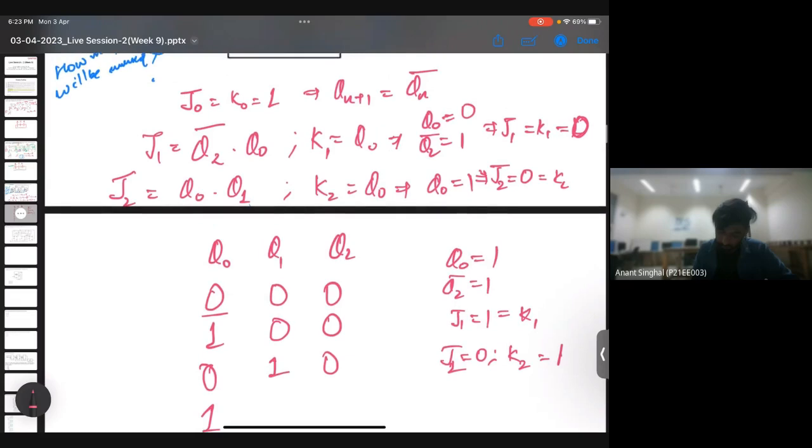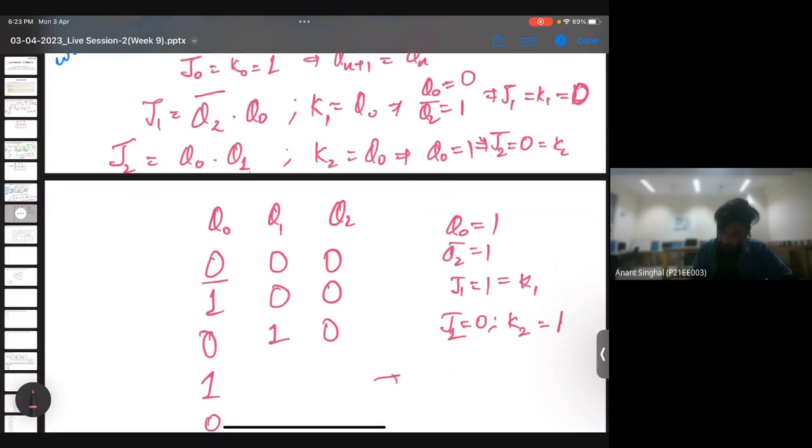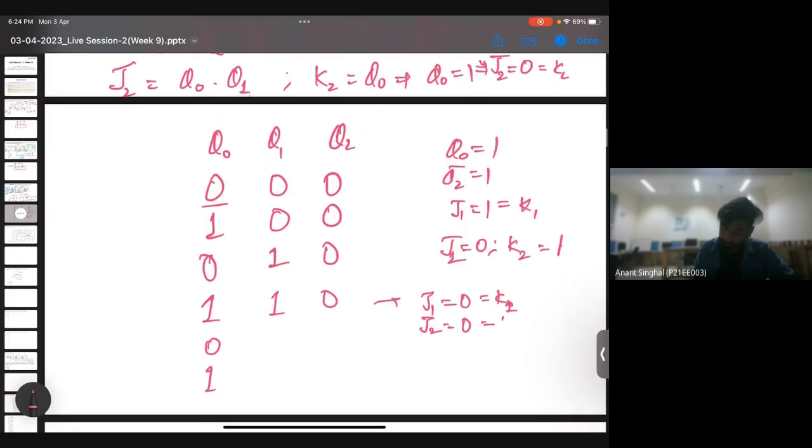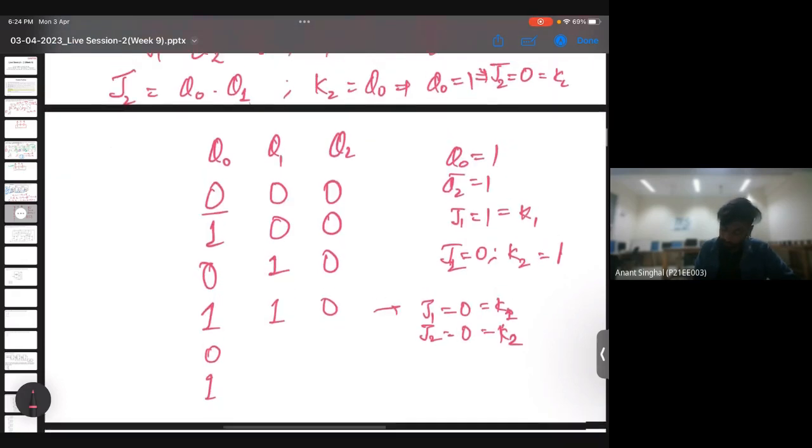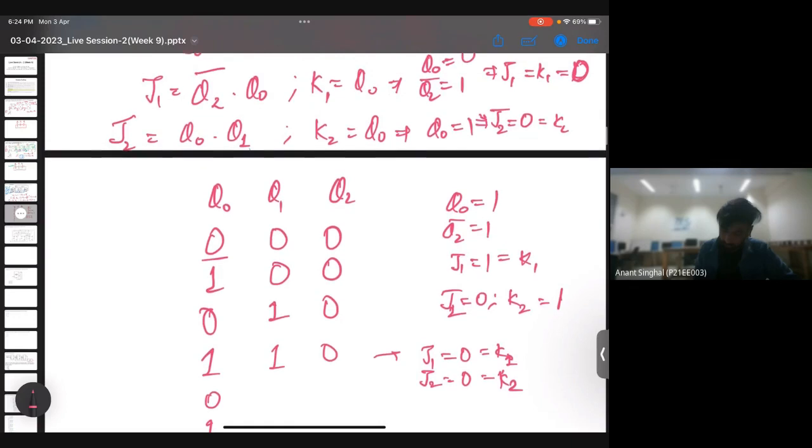Since Q2 equals 0, in this step J1 will be 0, K1 will be 0, Q1 will remain the same, and then in this step J2, since Q naught is 0, will also remain the same. Now Q2 bar.